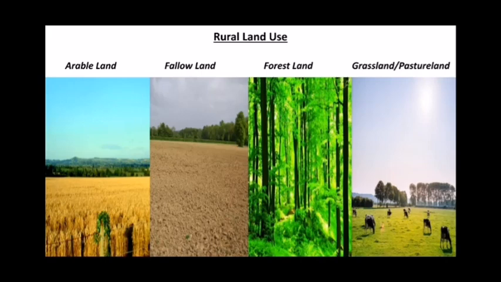Now, children, next is the grassland or the pasture land. By looking at the picture itself, you might have understood that this land is mostly for the grazing of animals like cows, sheep, goats. This land is under the ownership of the village panchayat, or the government in that village.